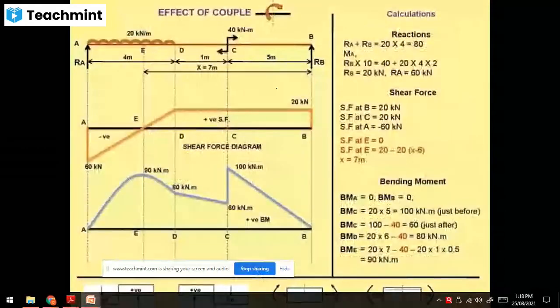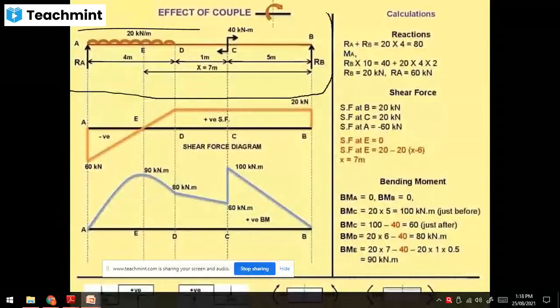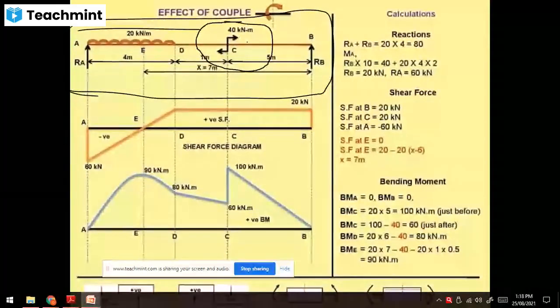So take this numerical for your homework, or you can try this. Draw the diagram only. There is a couple acting at point C, 40 kN.